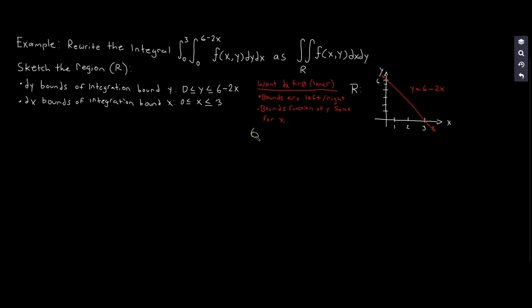These are going to be horizontal slices, aren't they? Something like that, I think. And so at the left side, I'll write this over here, the left is the lower bound, and that's going to be at x equals 0.